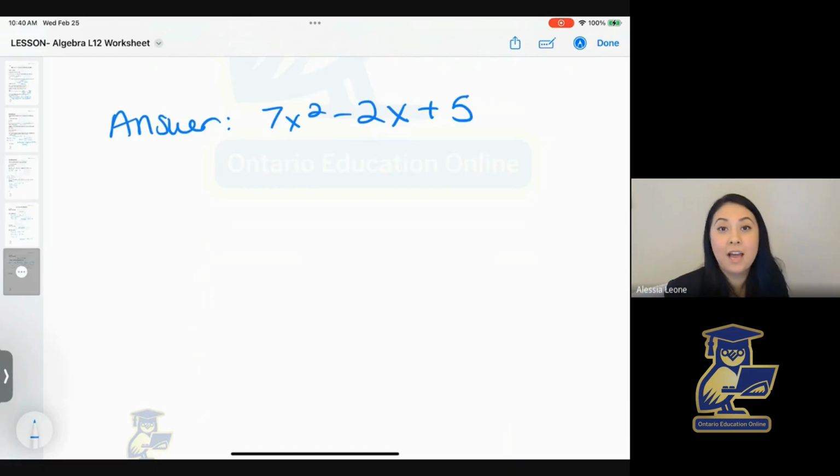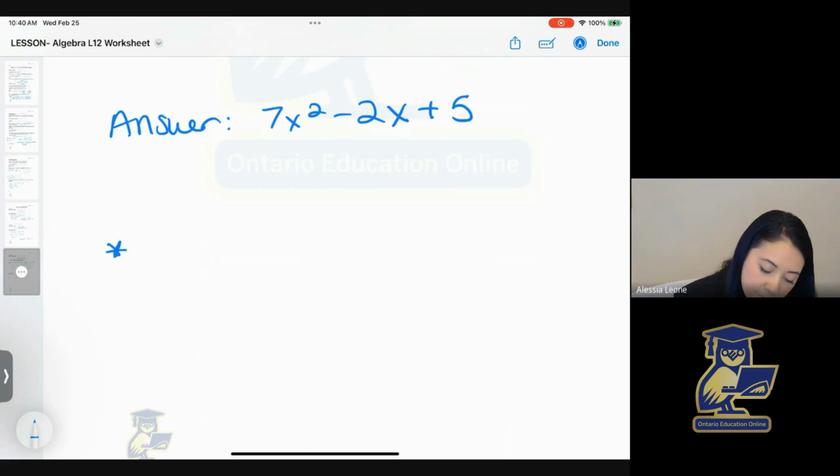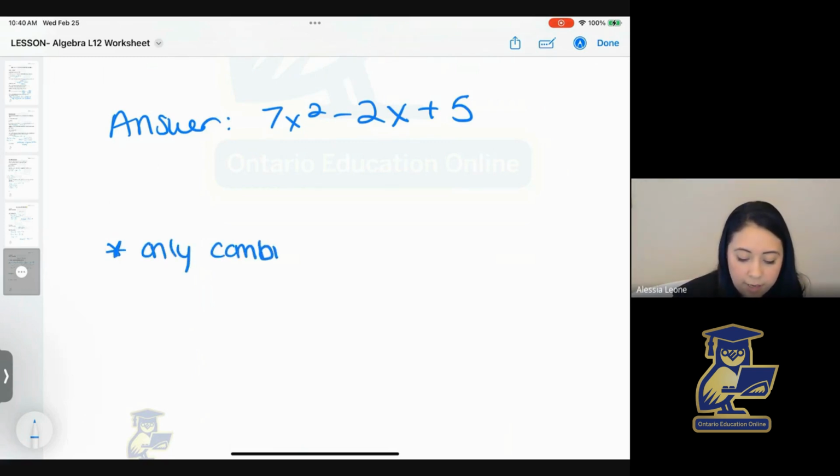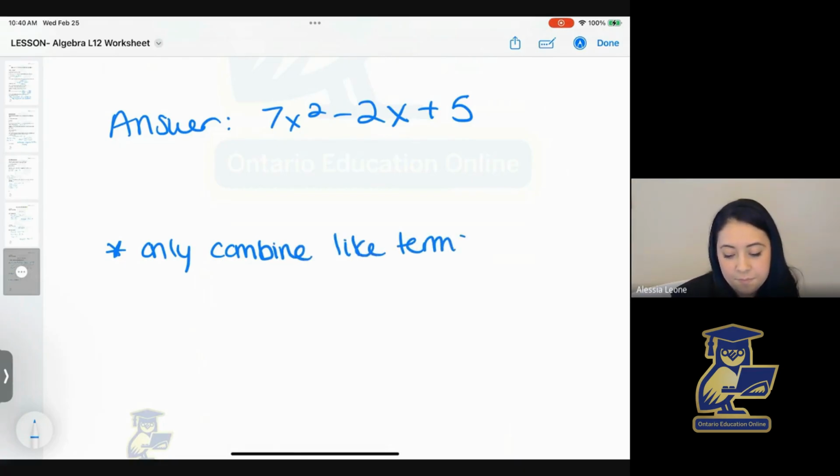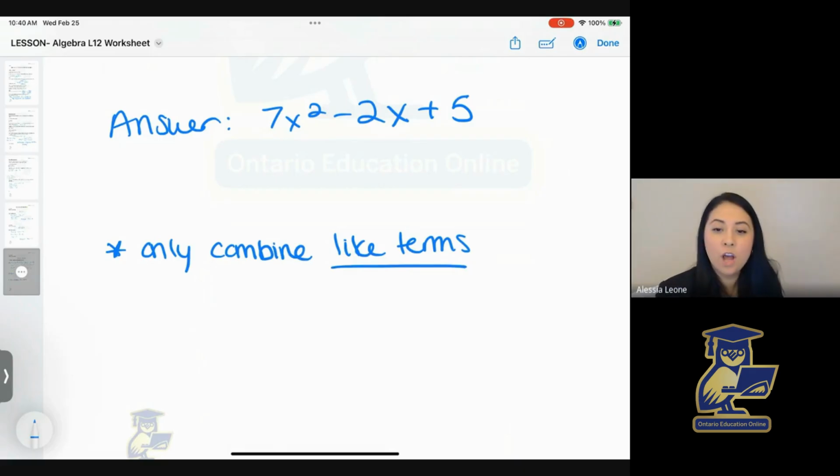Some notes that I want to just summarize our lesson with. Only combine like terms. So we are not going to combine the 7x squared and 2x. We're not going to subtract those because the variables are different. We keep them separate.